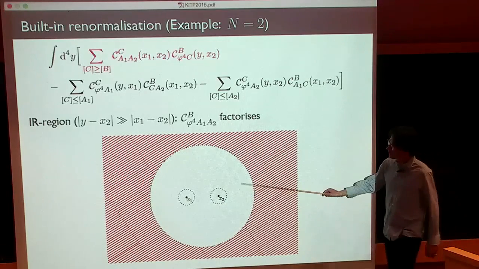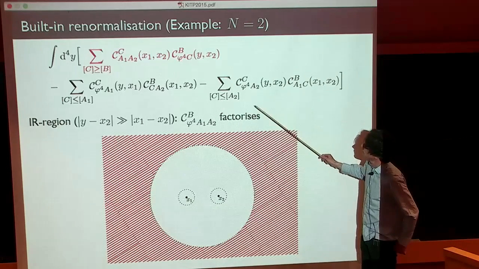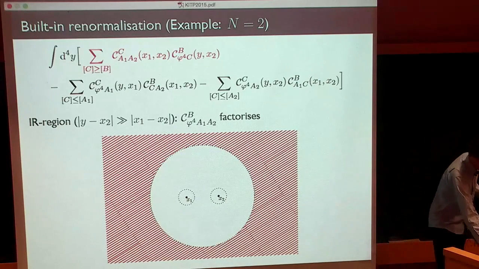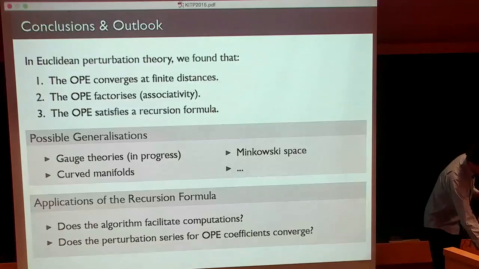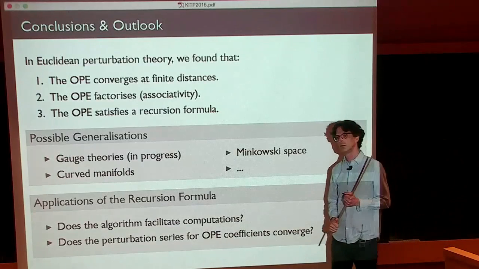And then there's the infrared region, where in general you will have a divergence, and then there's the third term, which precisely cancels it. These formulas involve the scaling dimension of the operators.